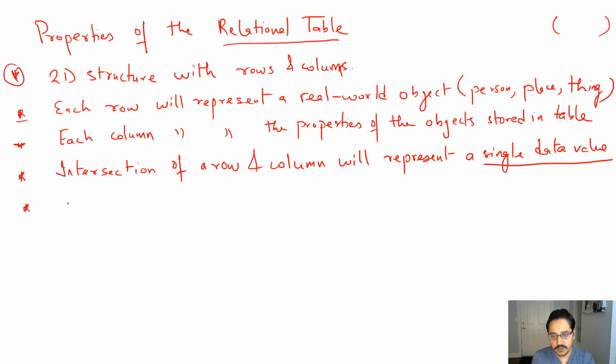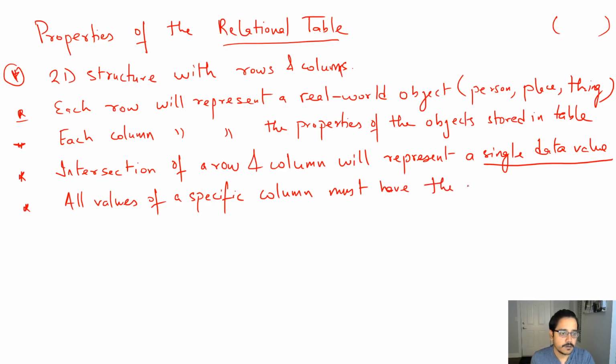Thereafter, the next one, which is also very important, is all values of a specific column must have the same data type. Okay. This is also pretty important.